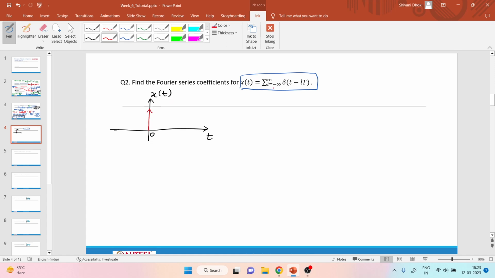If my L is equal to 1, I'll have an impulse at t, this is T. Similarly, I'll have an impulse at 2T, and so on. Also, I'll have an impulse at minus T, at minus 2T, and so on. So this is basically a train of impulses.